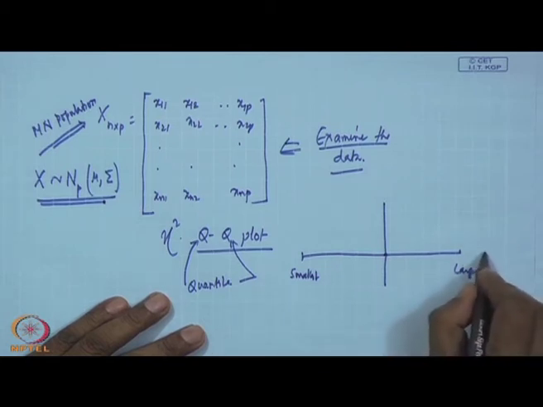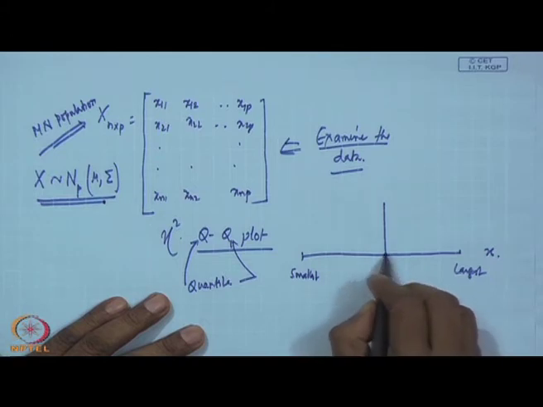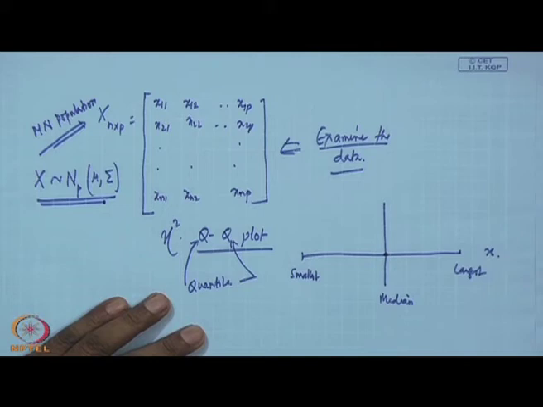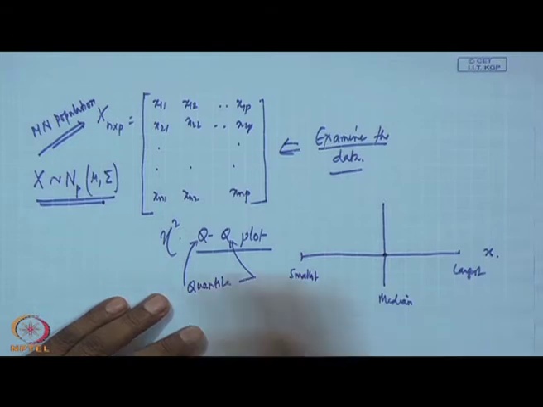If this is my variable x, the middle value of x is the median. So, when you are making median, how many parts are you making for the data? 2 parts, okay, 50-50. So, this is one side, this is another side.